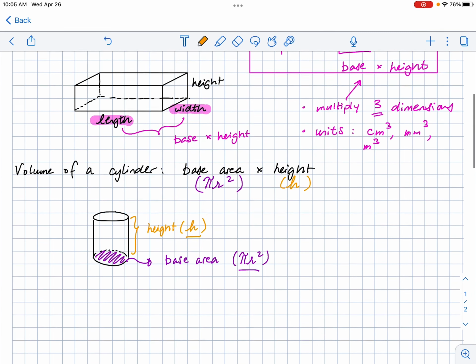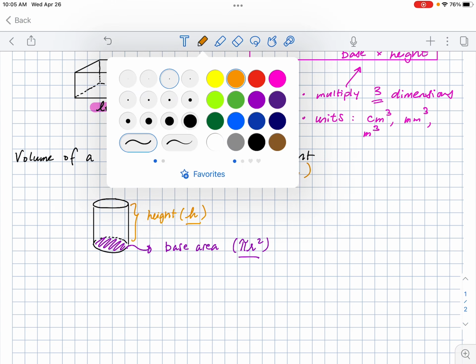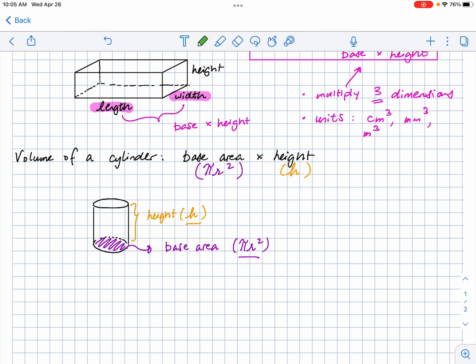When we put it together in the formula, you end up with the volume of a cylinder is pi r squared h. So really the only difference between this and the area of a circle formula is that you are multiplying that third dimension of height. A lot of these features are similar, right? You're still multiplying 3 dimensions.